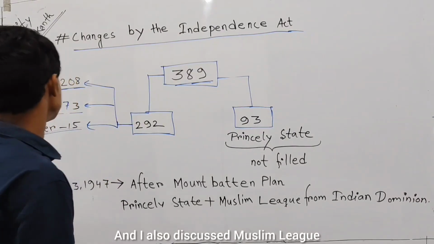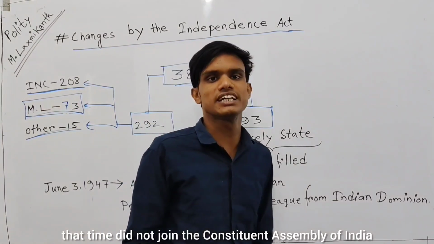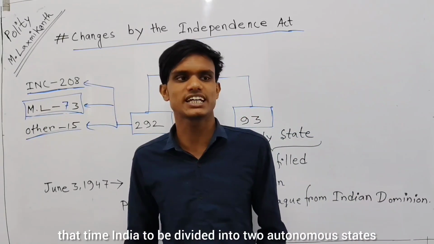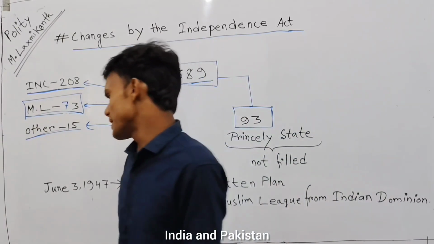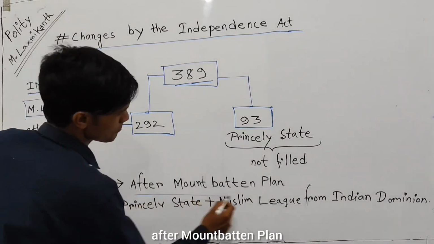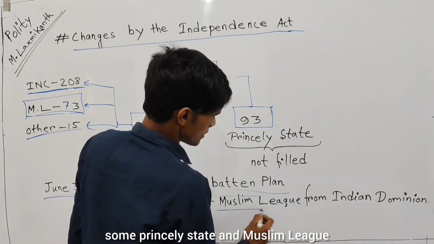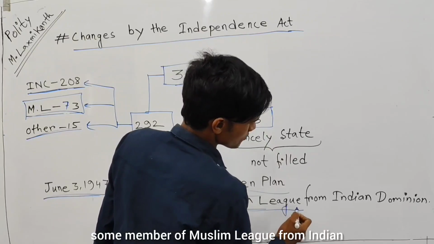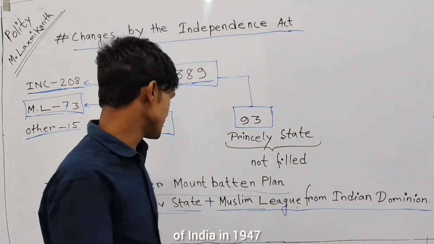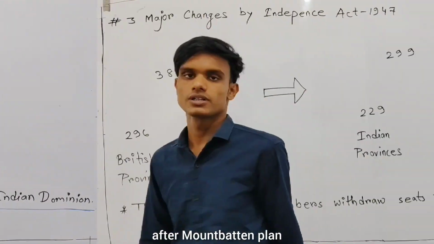The Muslim League at that time did not join the Constituent Assembly of India because they wanted India to be divided into two autonomous states, India and Pakistan. But on 3rd June 1947, after the Mountbatten Plan, some princely states and some members of the Muslim League from the Indian Dominion joined the Constituent Assembly of India.